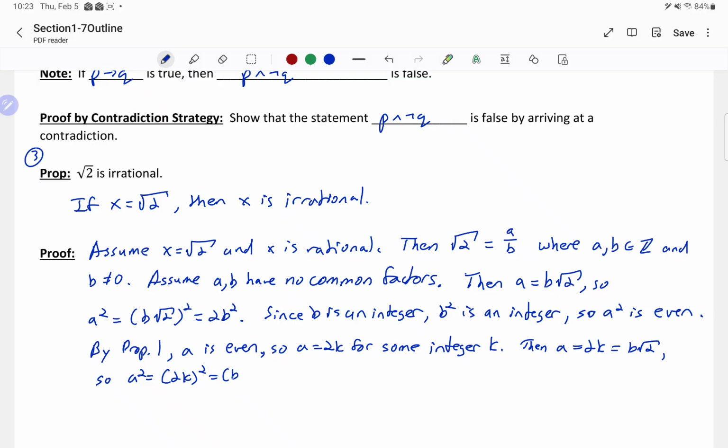And on the other hand, it is B times square root of 2 squared. All right. I'll use thus, okay? So because of that, we know that 4k squared must be equal to 2B squared, right?